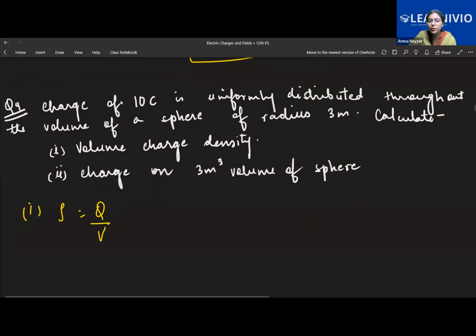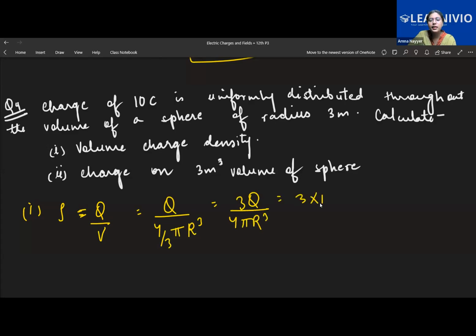What's the volume of a sphere? 4 by 3 pi r cube. So rho will be 3Q by 4 pi r cube. 3 into 10 by 4 into pi into r is 3, so 3 cubed. The 3 will cancel, make it square. 2 into 2, 2 into 5.